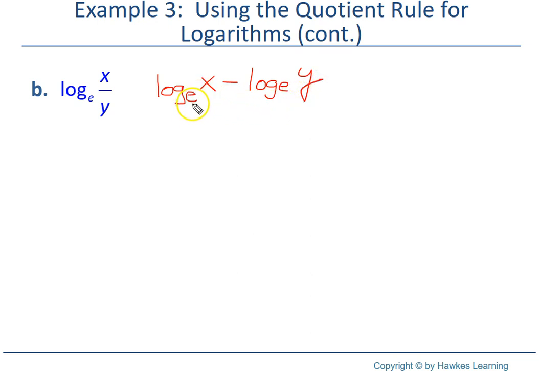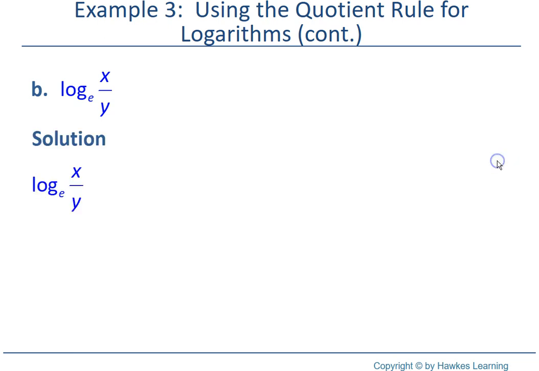Now, since this is base E, we could also convert this to its natural log form, natural log of x minus natural log of y. And here we see it.